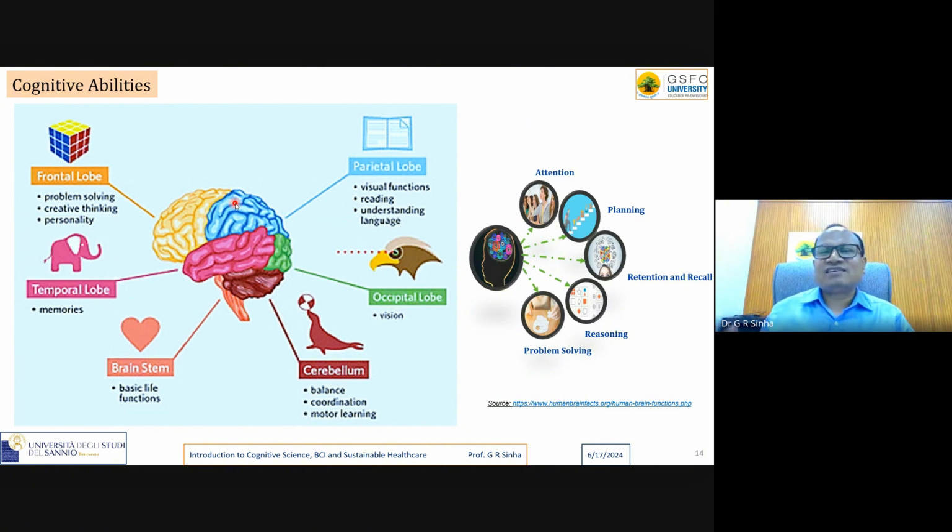So, what are those abilities called? Cognitive abilities. Some examples of cognitive abilities may be attention, planning skill, retention, recalling ability, reasoning ability, problem solving ability, and each and every ability of our human brain is associated with a particular part, a particular lobe of the human brain, and therefore this cognitive science is of immense importance in different areas, different domains.